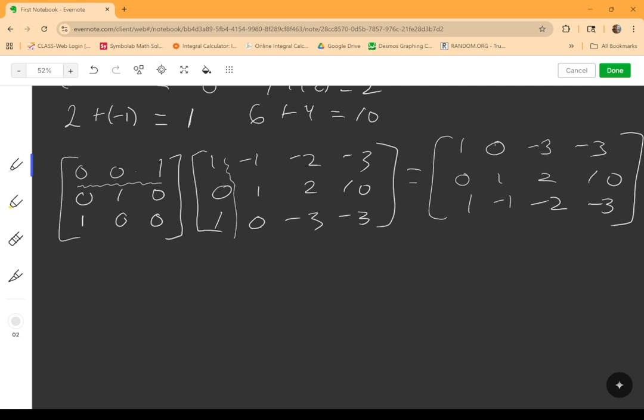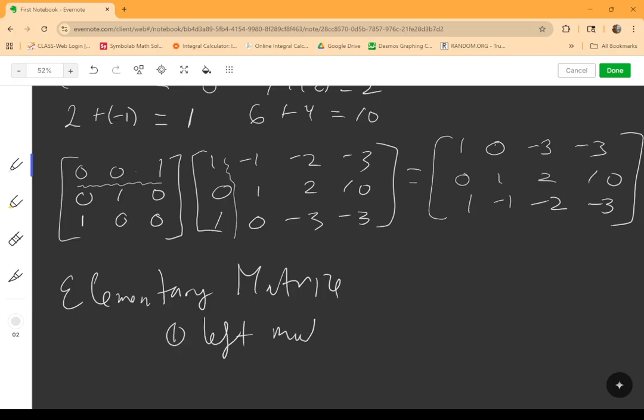All right, so a couple things here. Elementary matrices have two properties. One, the left multiplication represents row operations.